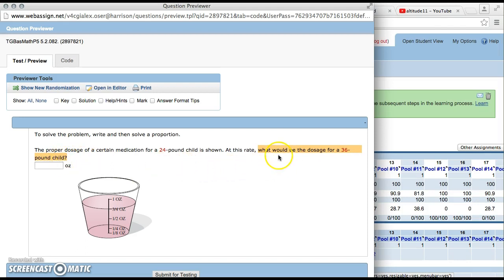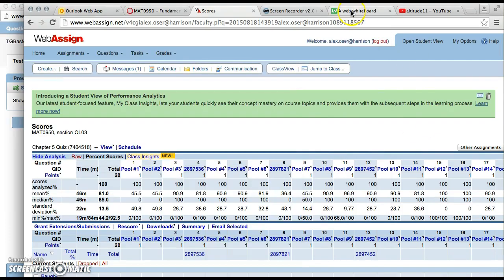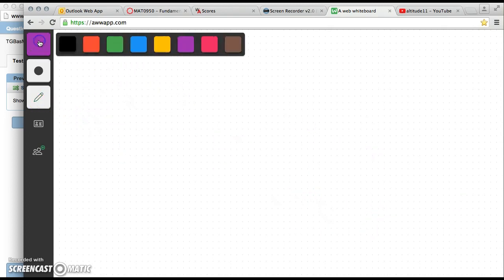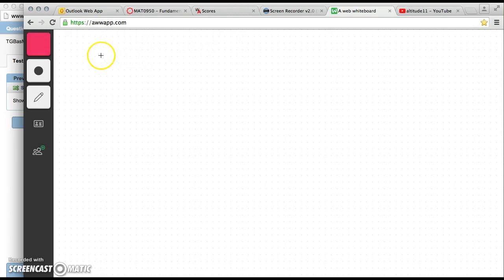So we want to know how much medicine we are going to give a 36-pound child, given that we know we would give a 24-pound child the amount shown, which looks to be 3/4 of an ounce. All right, so let's take a look first at the ratios that we are looking at here. So what we are looking at is weight to medication.